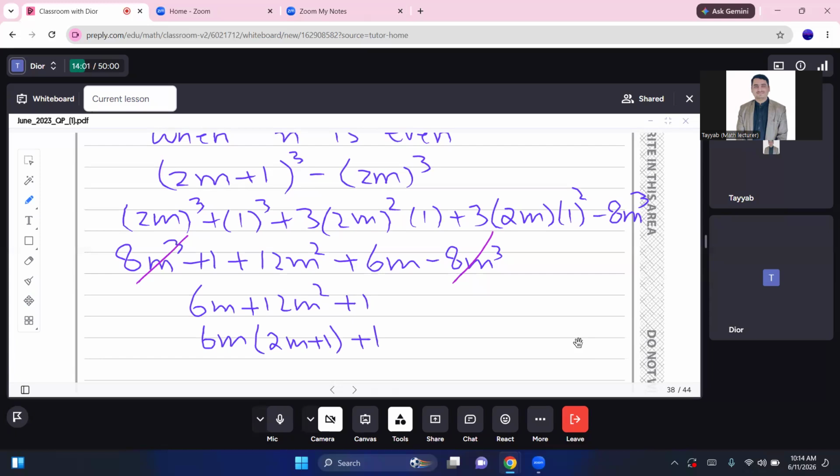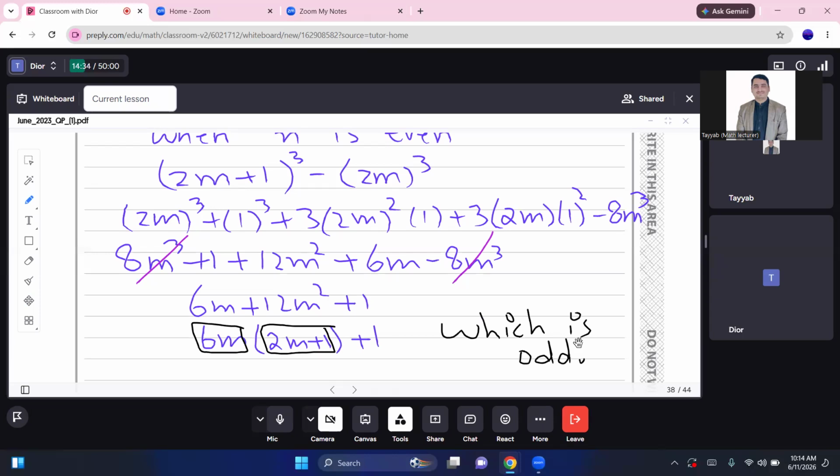This is what? It is again an odd number because this is odd, this is even. So odd times even is even, plus 1 is odd. So when n is even, still the final answer is odd.